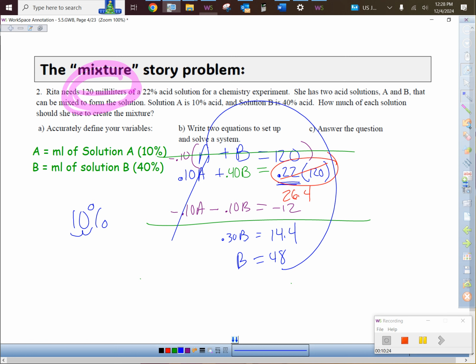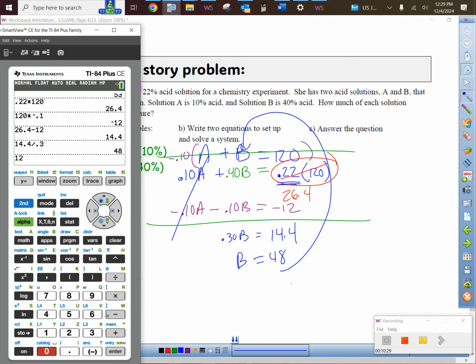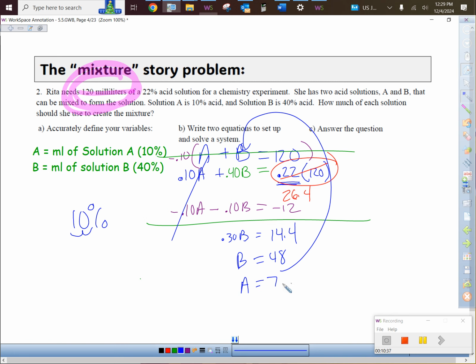If I draw my arrow in the right spot, isn't there supposed to be 120 total milliliters in the first place? So 120 take away 48. They needed 72 milliliters of the other guy. So A was 72. So 72 milliliters of solution A and 48 milliliters of solution B. Weird.